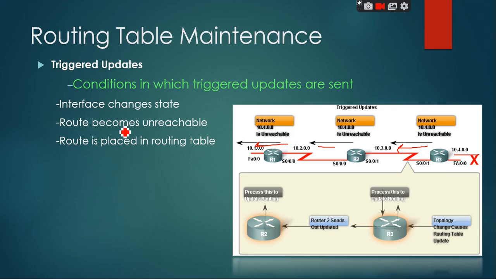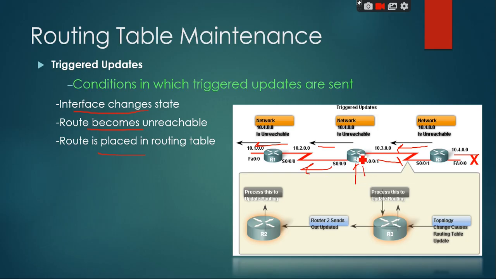So it's immediate. A condition which can trigger an update can be one of these: an interface changing state, a router becoming unreachable, or a route being placed in the routing table. If a new network joins R2, R2 has to inform R3 and R1 immediately that a new network is connected.